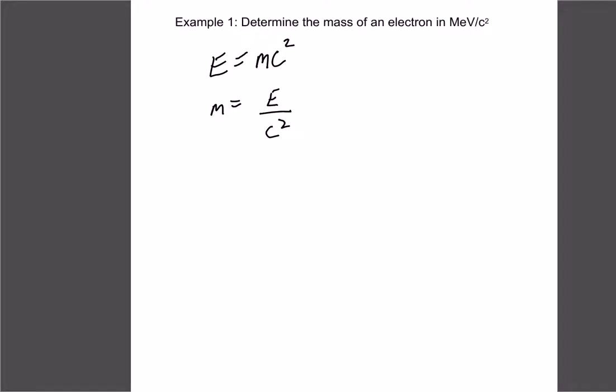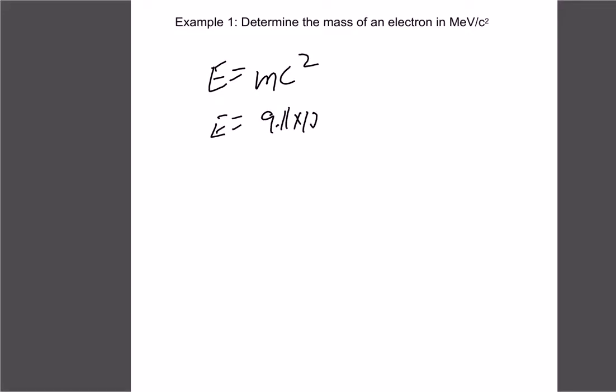So if we take its mass, 9.11, let's do it this way. Energy equals mc squared, so our energy would be 9.11 times 10 to the negative 31 times 3 times 10 to the 8th squared.